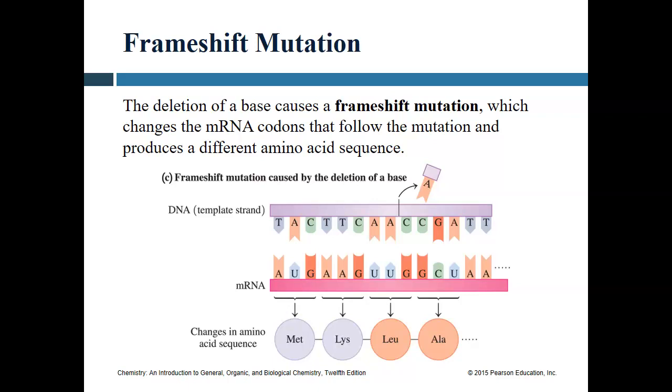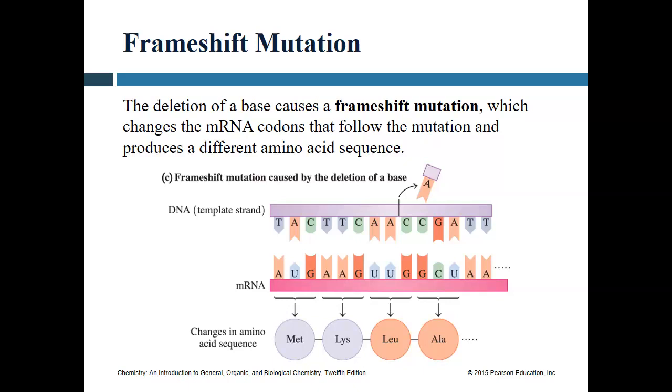Now our messenger RNA is short. There should be 15 bases here. But now because of that loss, there are only 14. I don't have a stop codon here, but I also don't have enough base pairs to know what to do next.